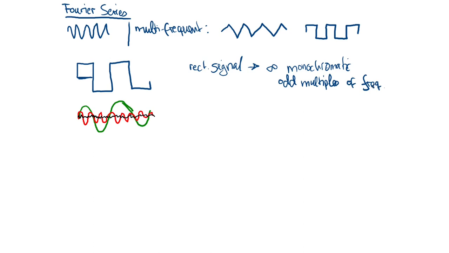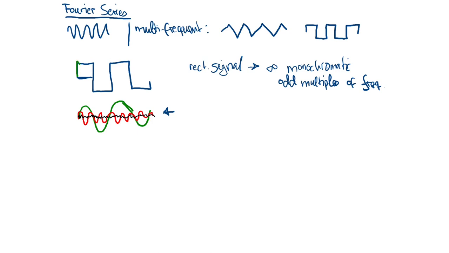So we considered it here, and now if you imagine that all those monochromatic signals superimpose, let's for this example just consider the first 3 monochromatic signals.